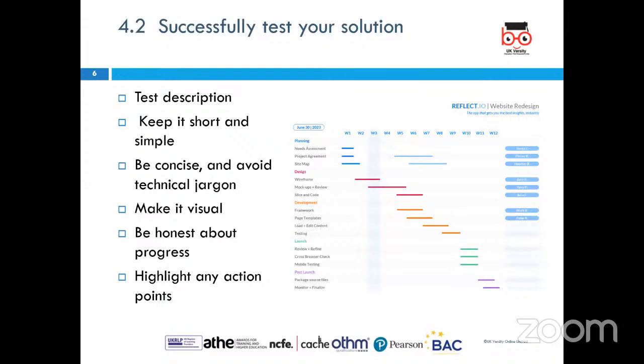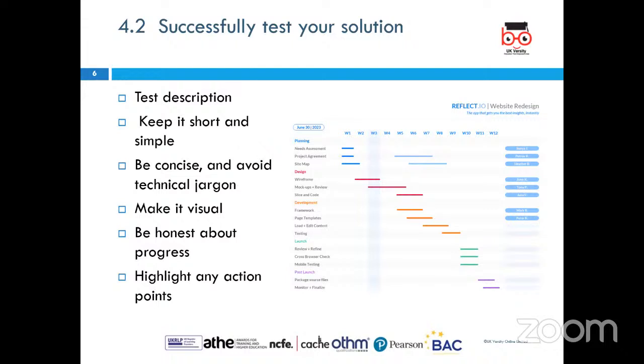And as you can see here, we have more descriptions of how a successful test should look. This is a simple Gantt chart where he outlines for each week how each phase has been covered and if they've been successfully achieved, by highlighting with appropriate colors.